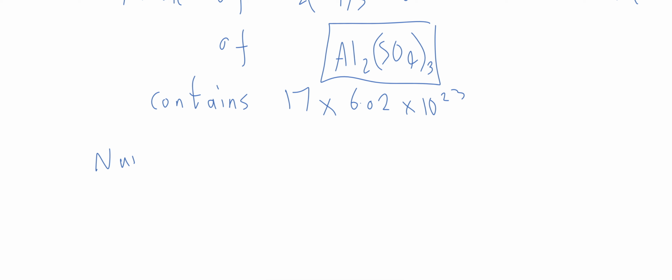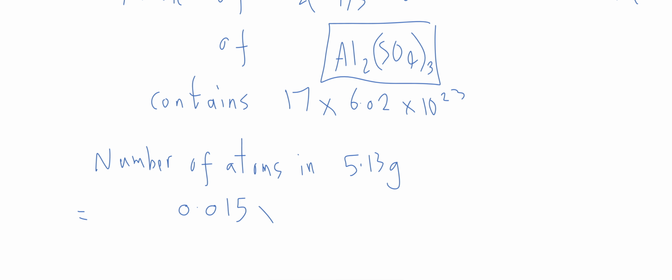So the number of atoms in 5.13 grams equals 0.015 moles multiplied by 17 atoms in each formula unit of aluminium sulfate multiplied by 6.02 times 10 to the 23, which is the Avogadro number.